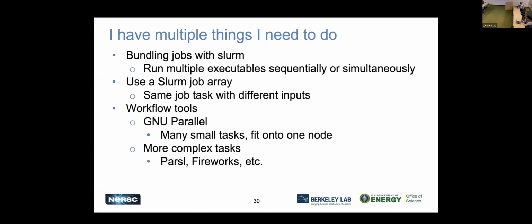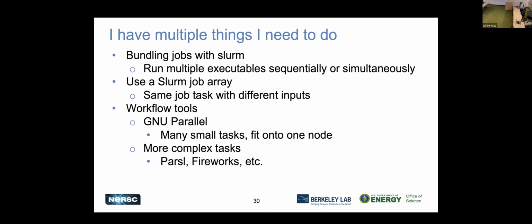Some of you are only just going to need to do a few job submissions that don't have to run in parallel. But Slurm does also have the capability to allow you to bundle different jobs. So you can run multiple executables sequentially or simultaneously to improve your efficiency. A couple of different options that you can make use of is a Slurm job array.